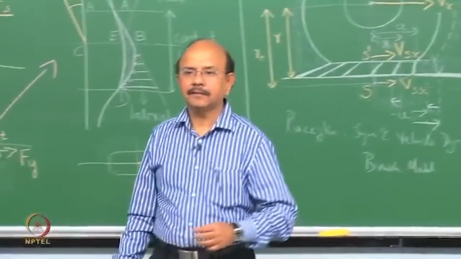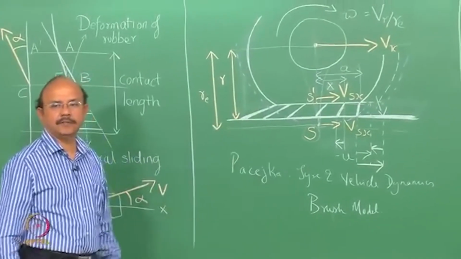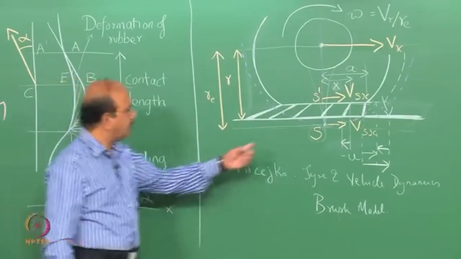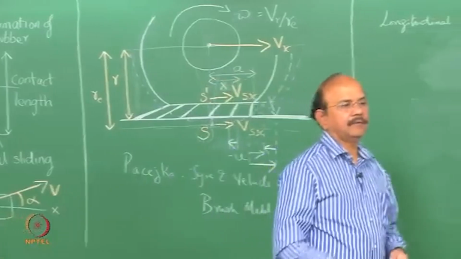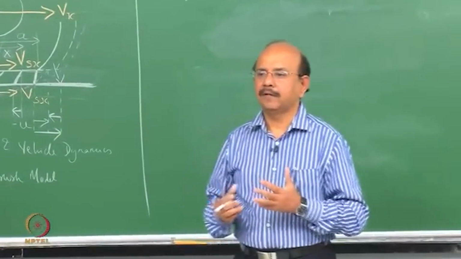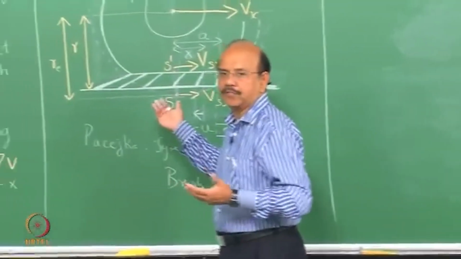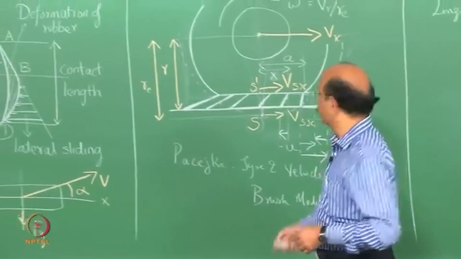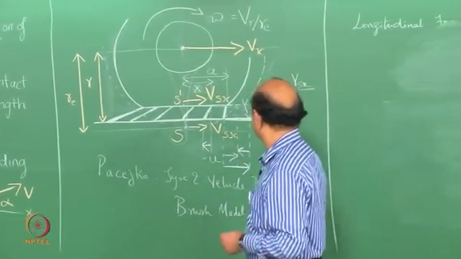On the other hand, when there is braking or when there is acceleration, the velocity of S is different from Vx, we saw that, and hence there will be a velocity of Vs, which we would call Vsx. We will see what this definition is in a minute.